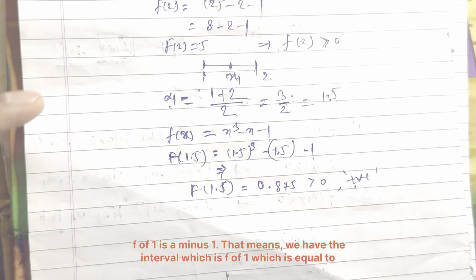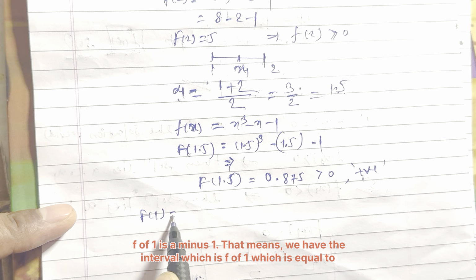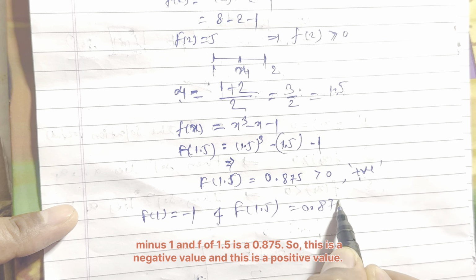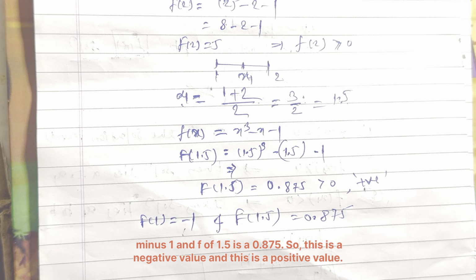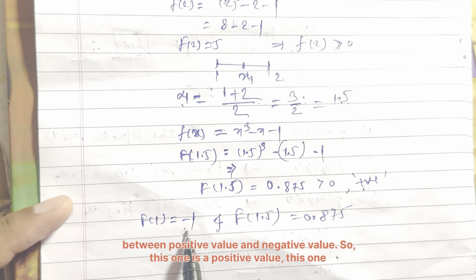That means we have the interval where f of 1 is equal to minus 1, and f of 1.5 is 0.875. So this is a negative value and this is a positive value. Always remember, guys, the root lies between a positive value and a negative value.